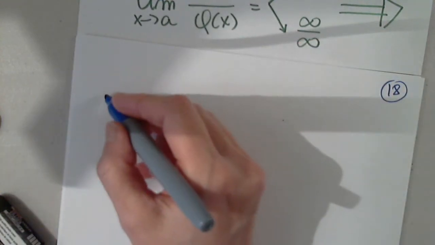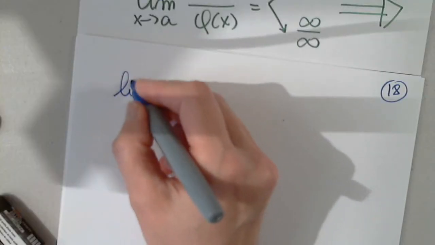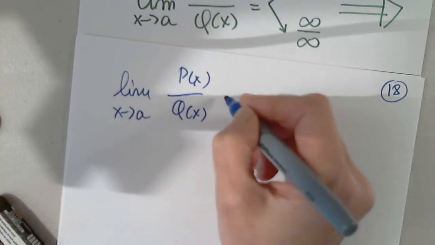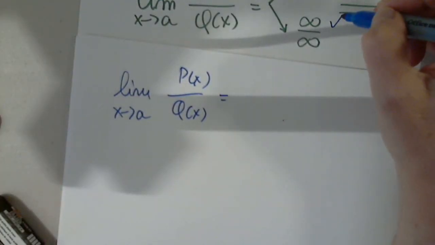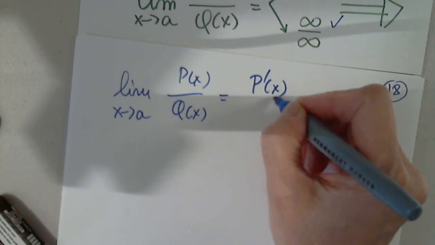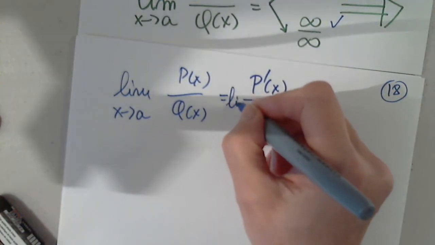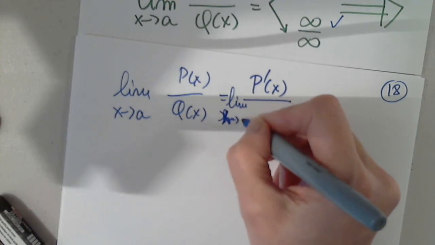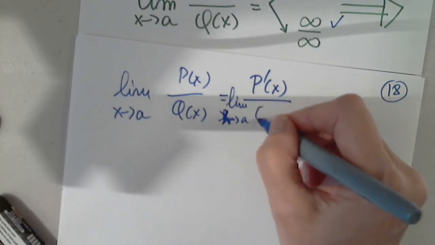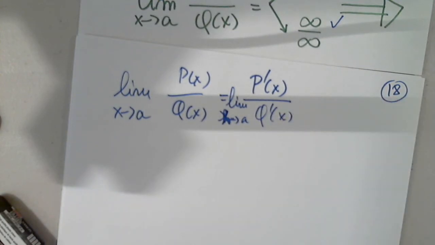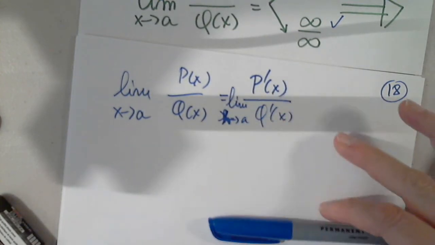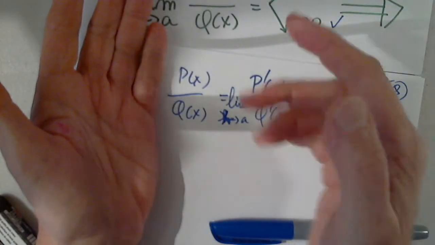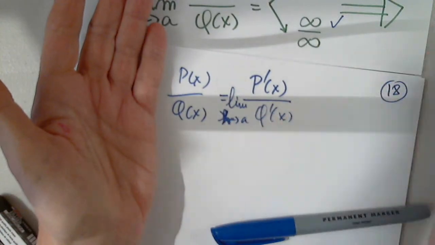So if that's the case, then the limit as x approaches a of p of x over q of x will equal, only if we have these 2 situations, the limit, of course, as x approaches a of p prime of x over q prime of x. This is unheard of. I'm not differentiating the quotient. This is wrong. If I ever differentiate a quotient like this, I can never get anything.